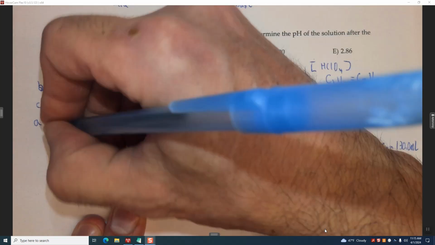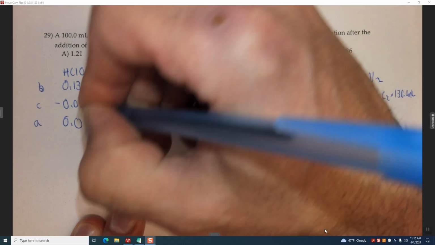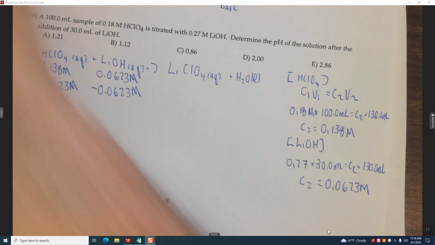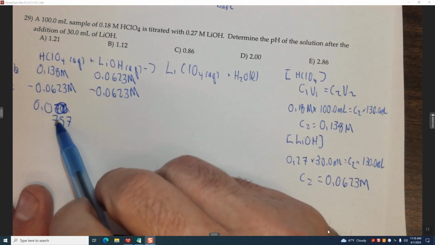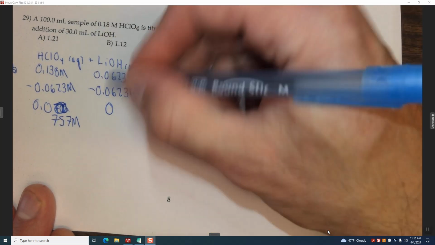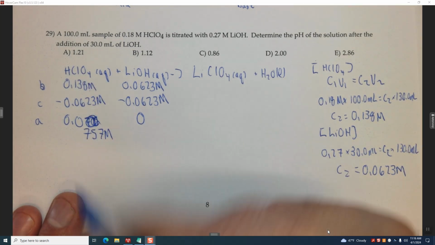When we do that, the concentration of this one is 0.0757 molar. And this one is 0. There's none left because we used it all up. Well, now we just have a strong acid in solution.